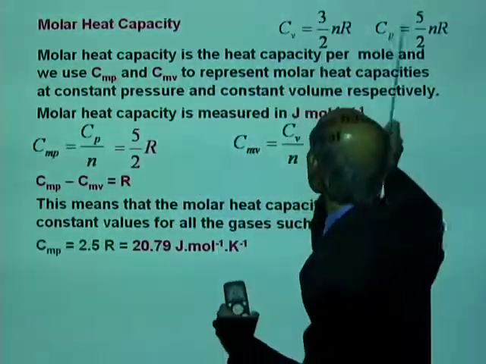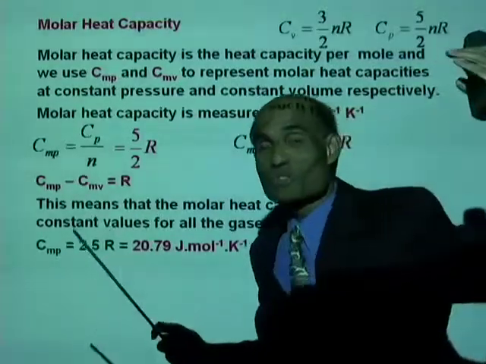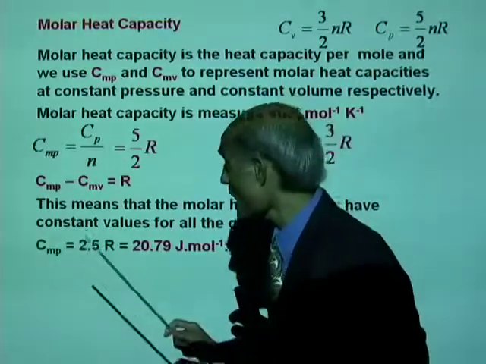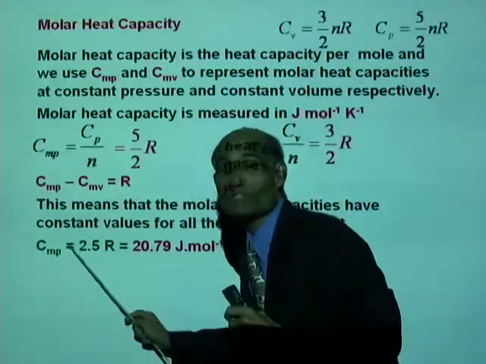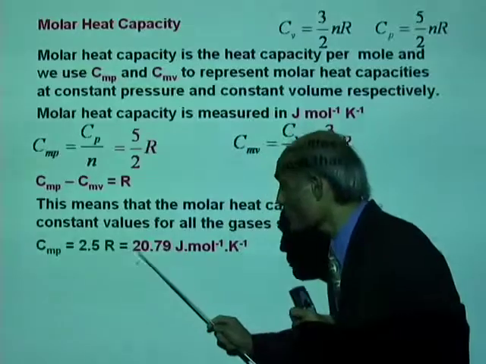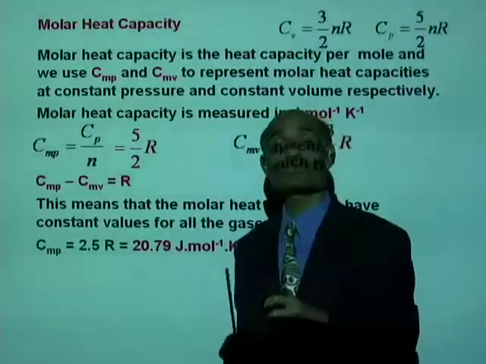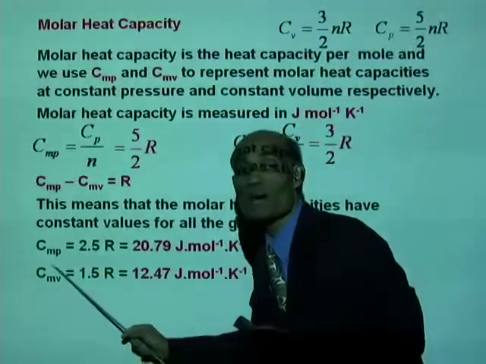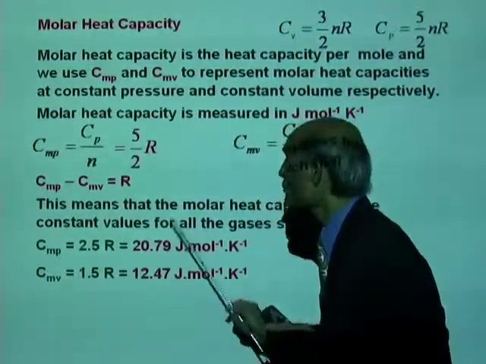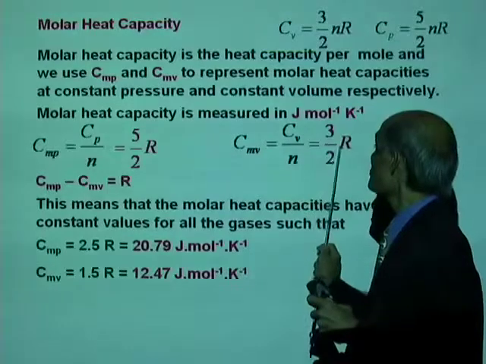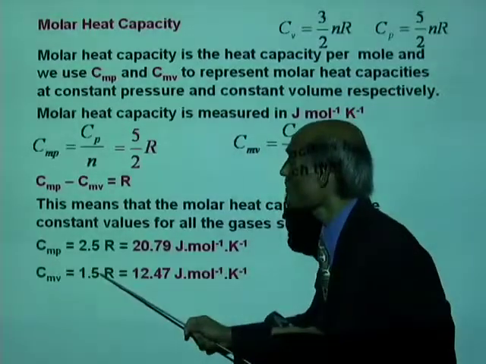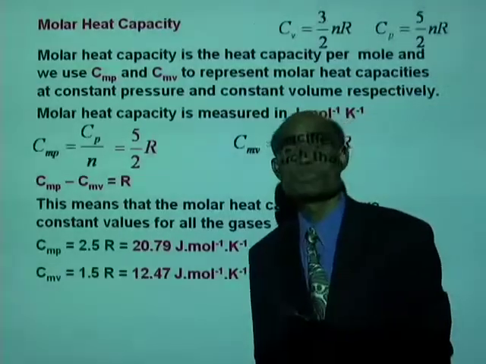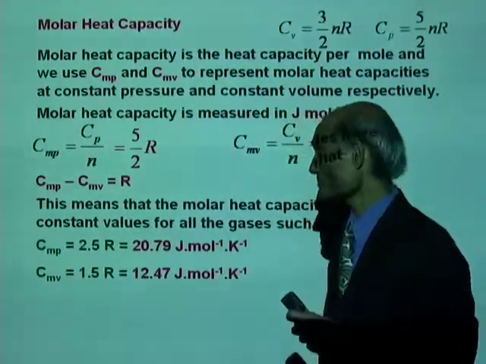These results are based on the assumptions we made in kinetic theory. So if our assumptions are right, then the value of Cmp for all gases must be 20.79, and the value of Cmv for all gases must be 3/2R, which is 1.5R, or 12.47 joules per mole Kelvin.